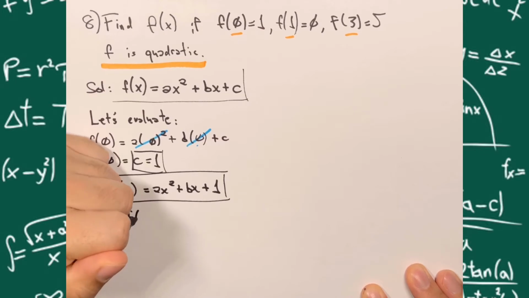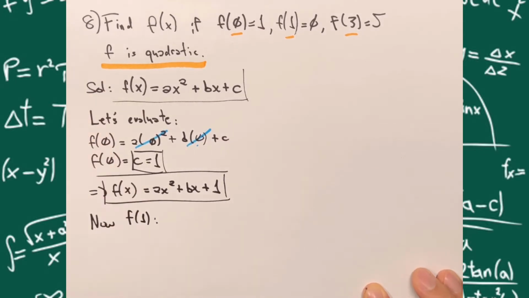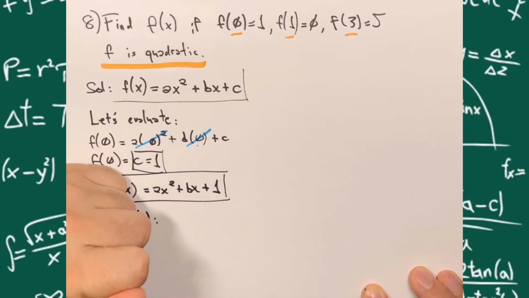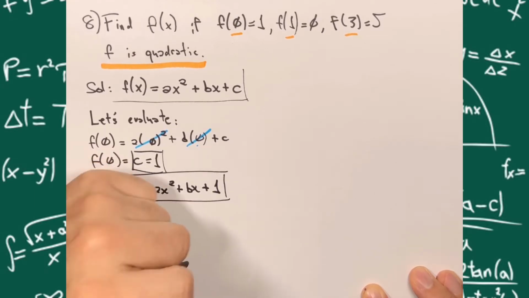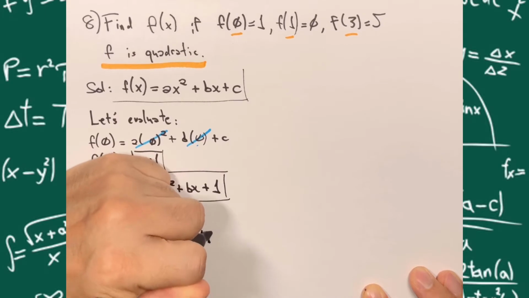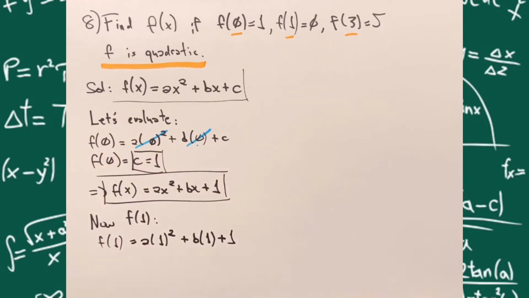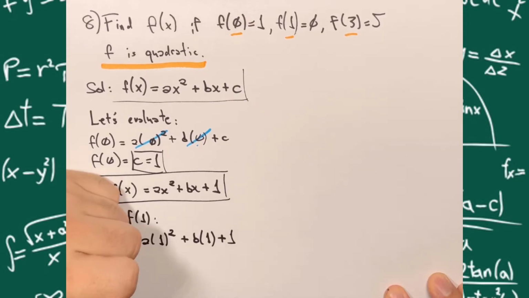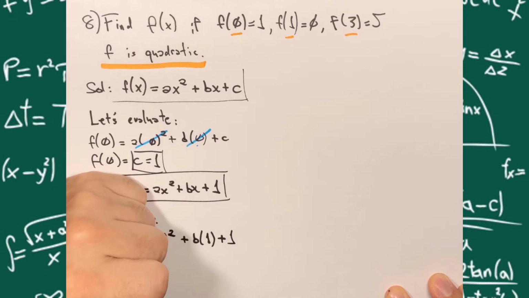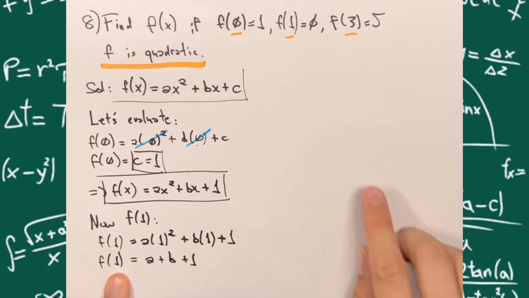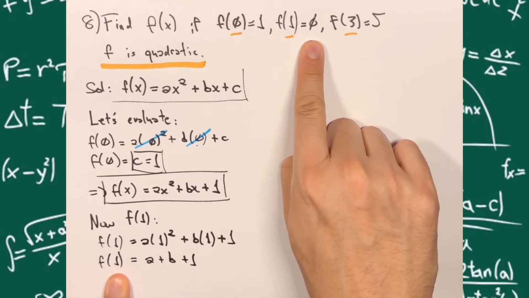And now all we have left is to evaluate the other two values. f of 1 is going to be equal to a times 1 squared plus b times 1 plus 1. Again, simply replacing the value of 1 in the x of the quadratic function. Doing the arithmetic, 1 squared is 1, so we have a plus b times 1 is b, a plus b plus 1.